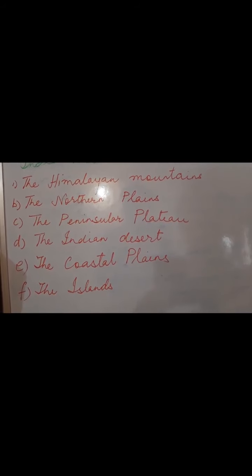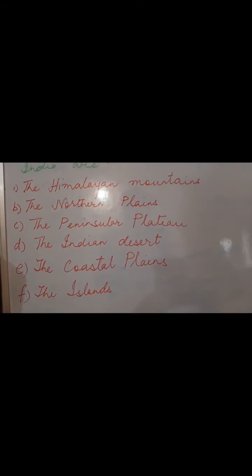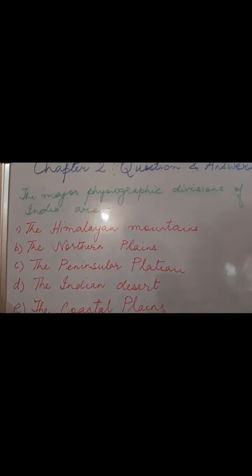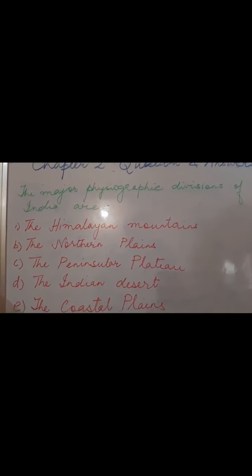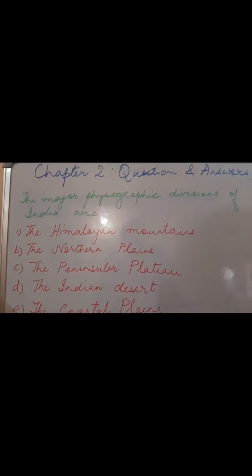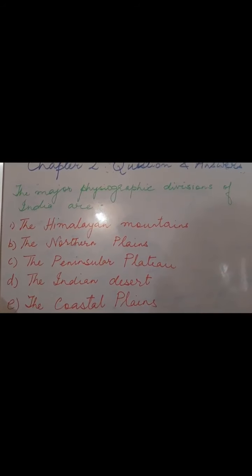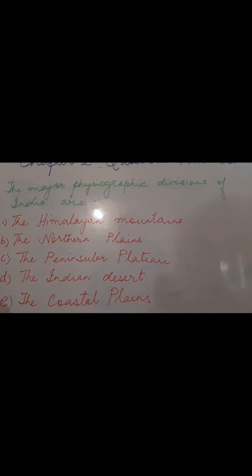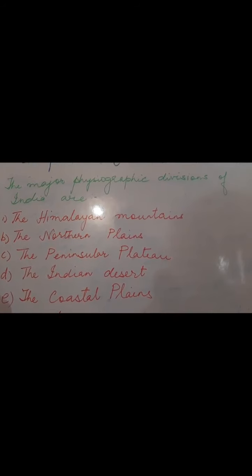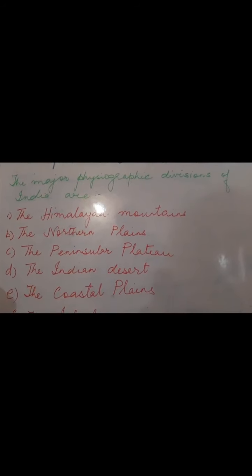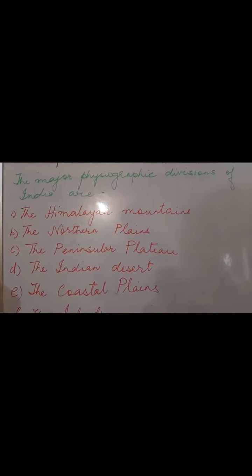Now for the next part of the question, we will divide the notebook into two halves. On one side we will write the Himalayan mountains, the other side we will write the peninsular plateau, and then we will write the differences between the two.